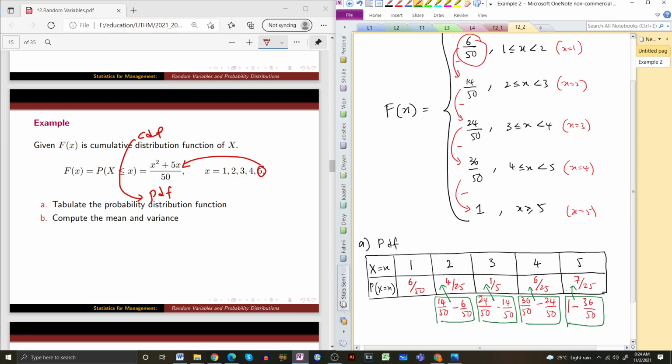This is how you find PDF out of CDF. Now you have a distribution table. Now it's easy for you to find the expected value, variance, and so on.